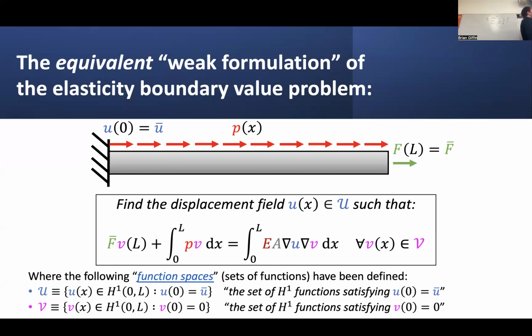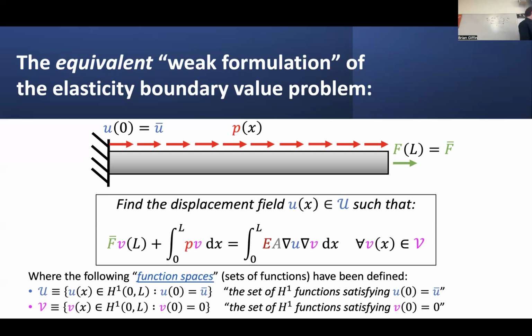Now, you'll notice that the particular choices of these displacement fields and this test function, I'm saying that they belong to specialized sets of functions, which I'm respectively denoting U and V with this kind of uppercase, calligraphic font to denote that I'm referring to a particular set of functions to which the displacement field must belong and a set of functions to which this arbitrary set of test functions must belong.